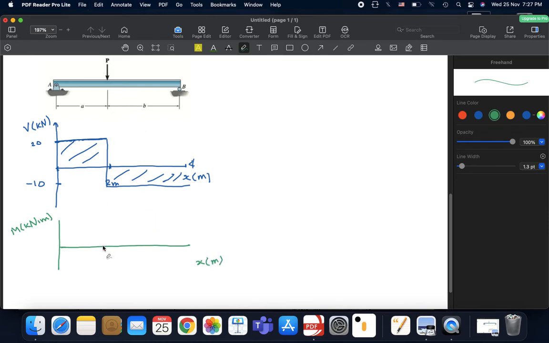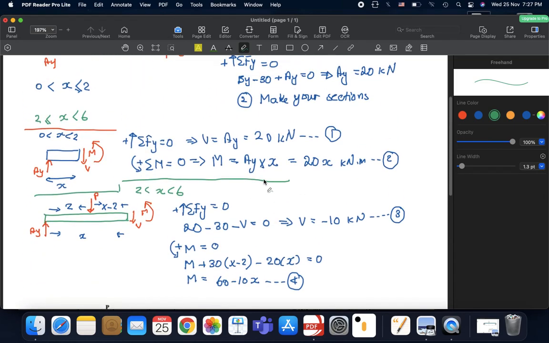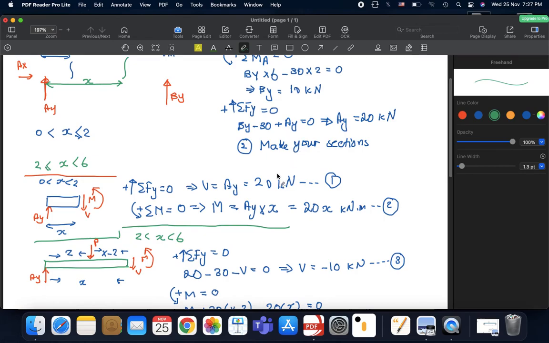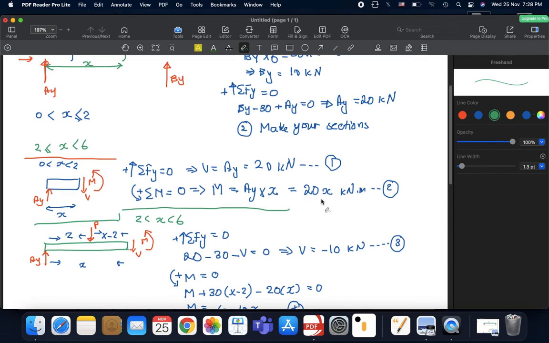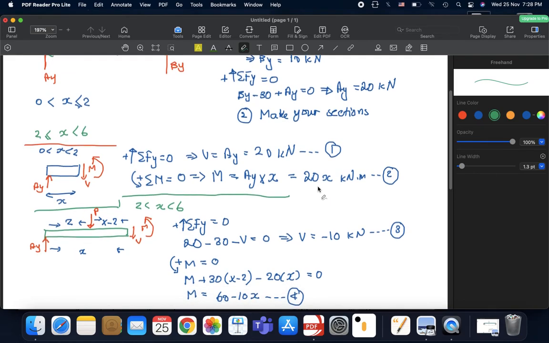This is 2 meters, and this is 4. Now we go to the first equation, the first section. We see that our moment is a function of x. It has a value of 20x. This is linear, and it is valid for x between 0 and 2.